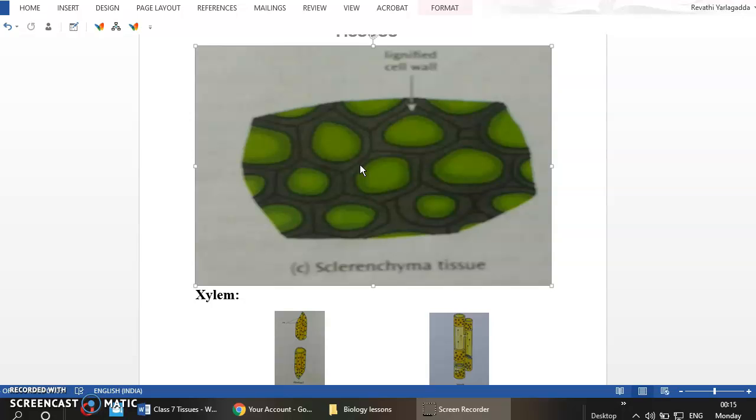They contain thick lignified walls with some pits inside them. These are seen in some hard seed coats like the seed coat of pea seeds. In the pulp of fruits like mango, juicy fruits like sweet lemon, the pulp is made up of those sclerites.